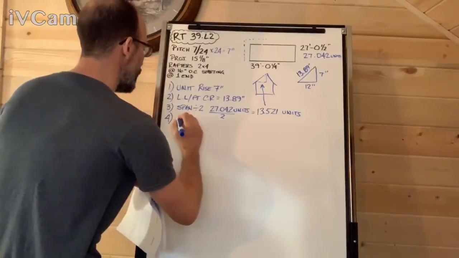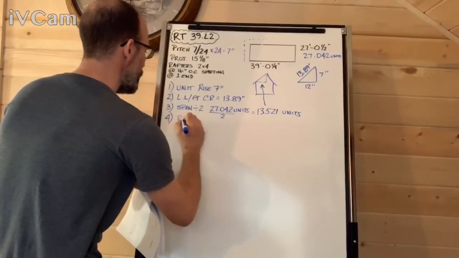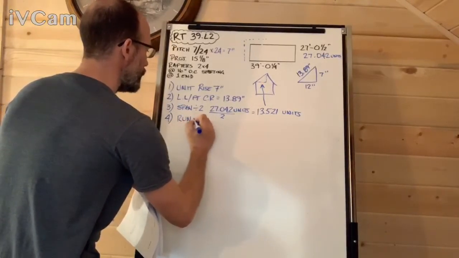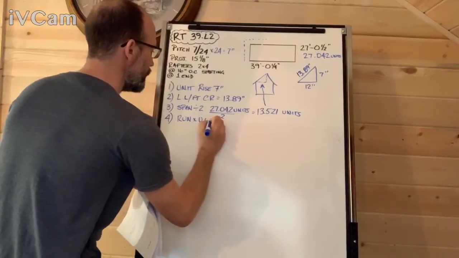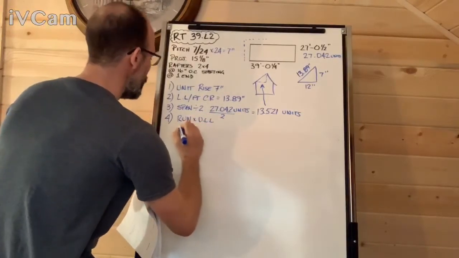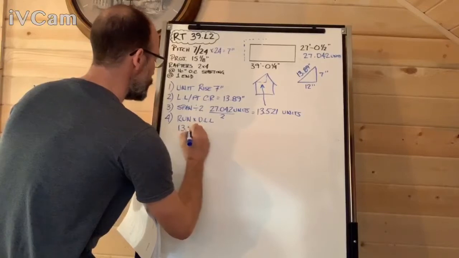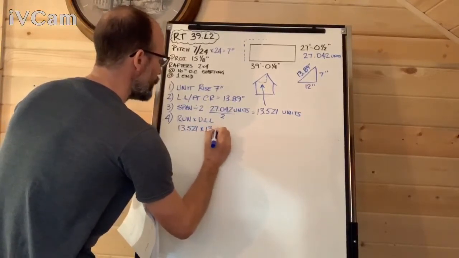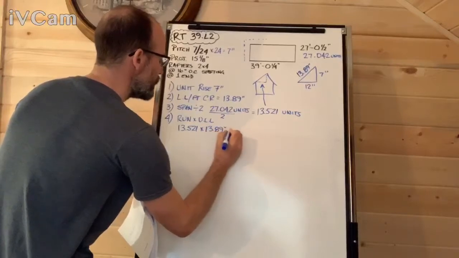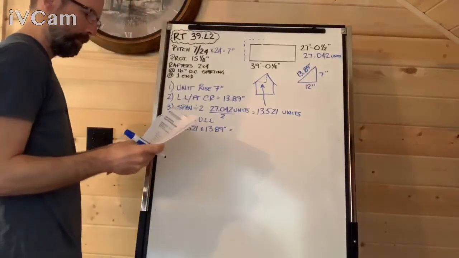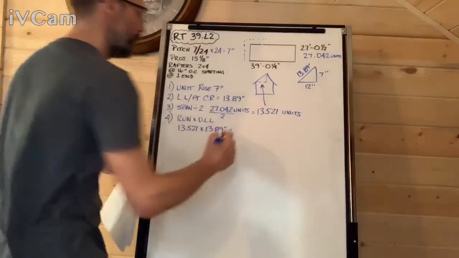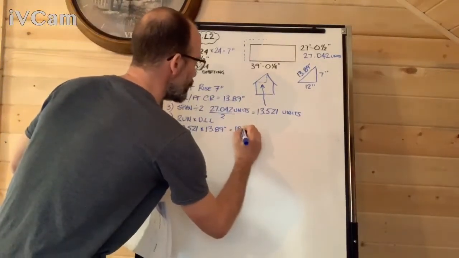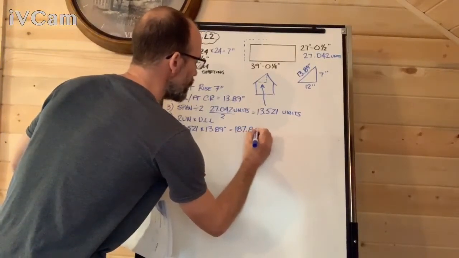So we then take our run times our unit line length, or 13.521 units times 13.89 inches to give us 187.807 inches.